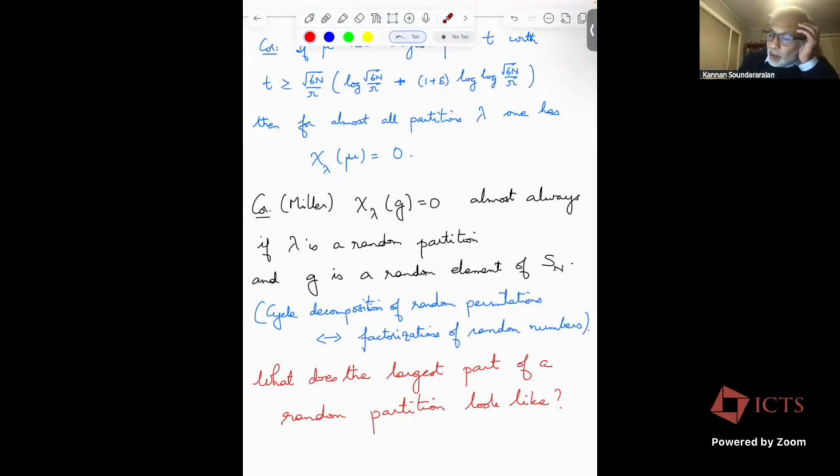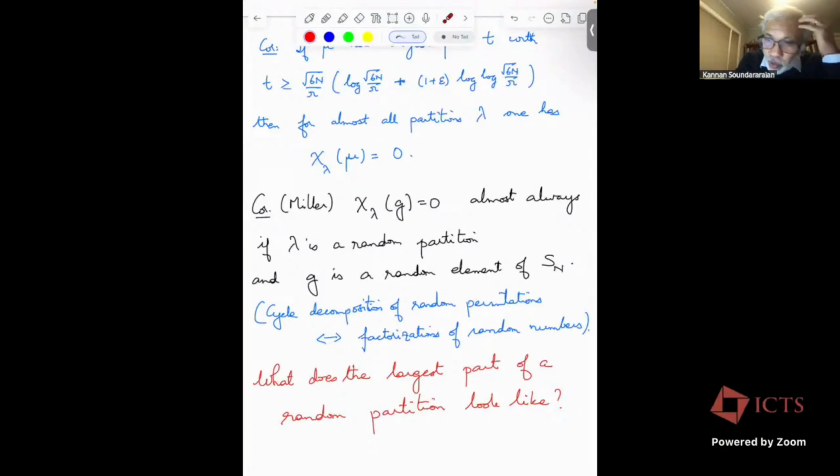And if you go back to this other problem that I discussed of smooth numbers, it turns out that there is a positive proportion of integers that will have a prime factor that's larger than n to the 1 over 100. Okay, so it's a very small proportion.